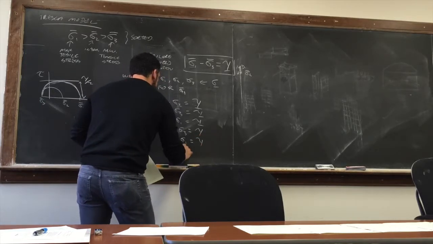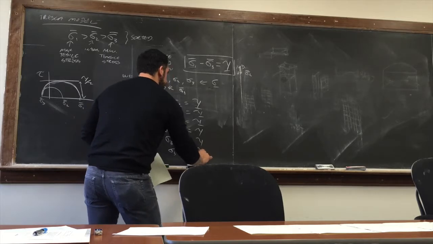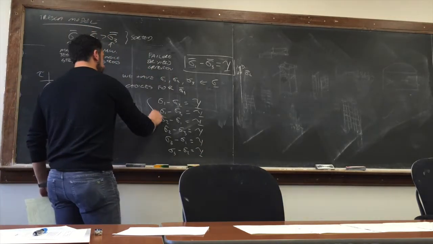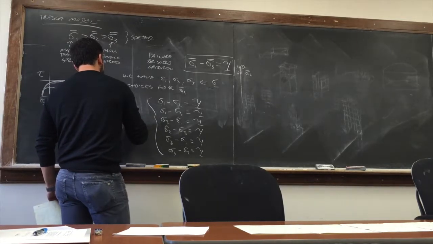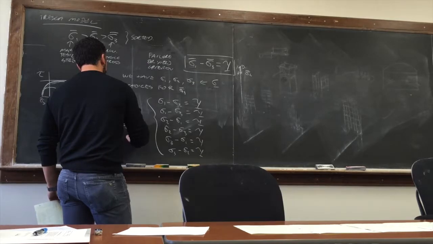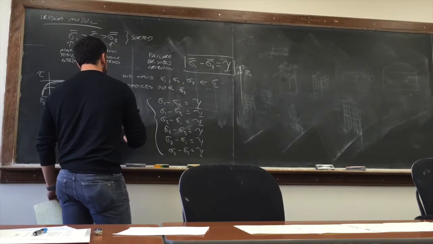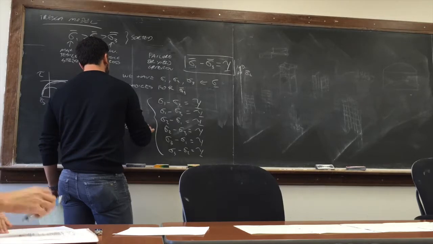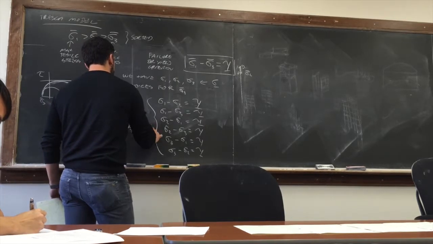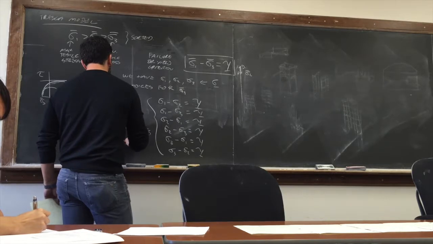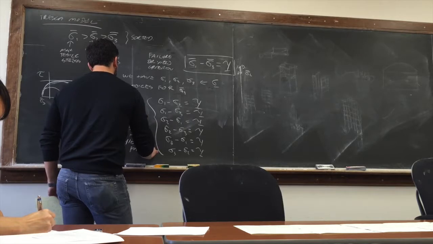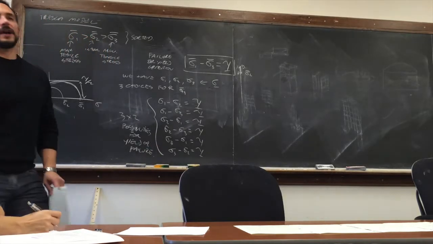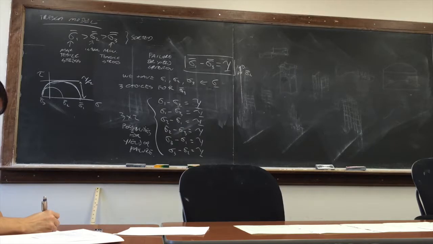And finally, sigma 3 minus sigma 2 is the other possibility. 6 possibilities. 3 times 2 possibilities for, say, yield or failure. And you have to check for all 6 of them, essentially. Or you put them in order and then you check.